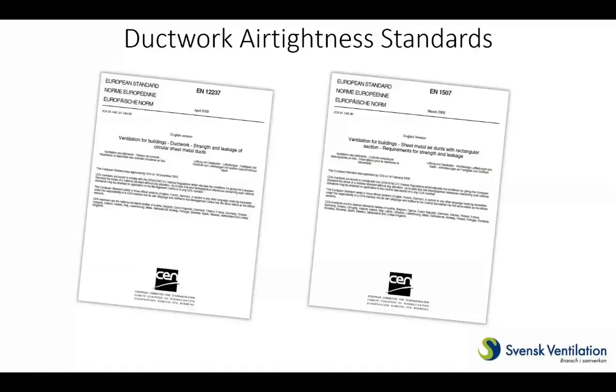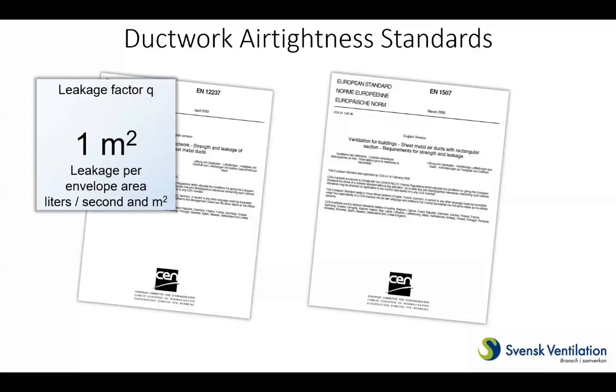First of all, I'd like to tell you about the ductwork airtightness standards, and many of the previous presenters have also told you about them. The main standard used in Sweden is EN 12237 for circular ductwork and EN 1507 for rectangular ductwork.